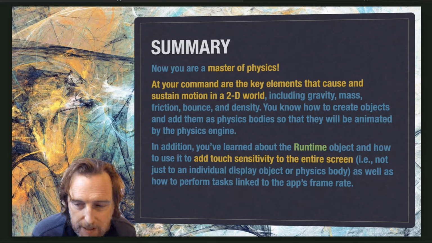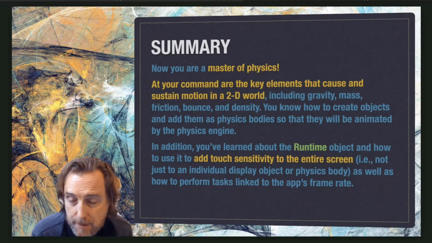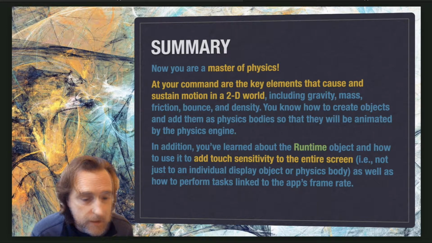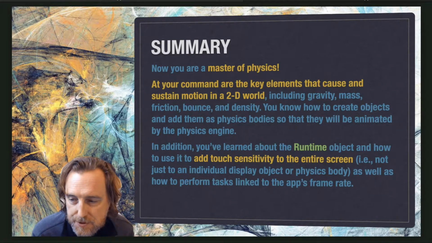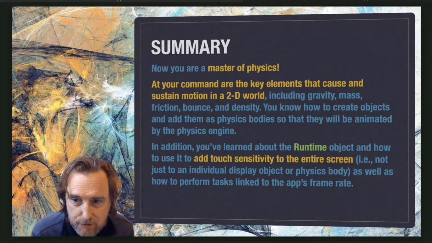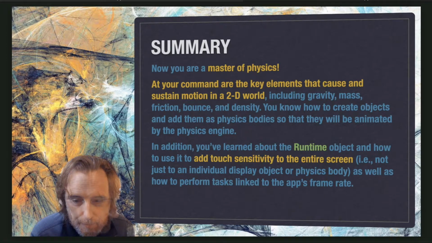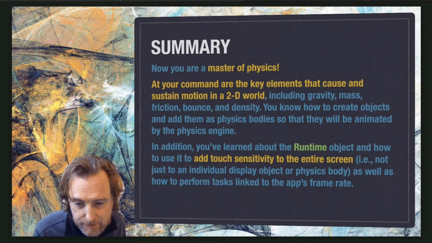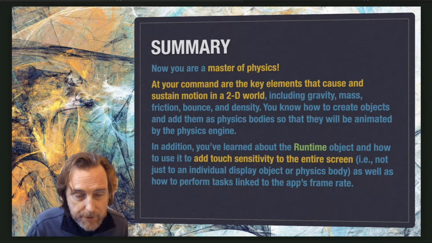You also know how to add touch sensitivity to the entire screen using the runtime object, and you know how to create a game and tap into its 30 frames per second runtime so that you can animate stuff in addition to doing everything that you've learned to do with physics. So this is the end of chapter 12. It leaves you in a good spot to do lots of different fun stuff, but there's more.